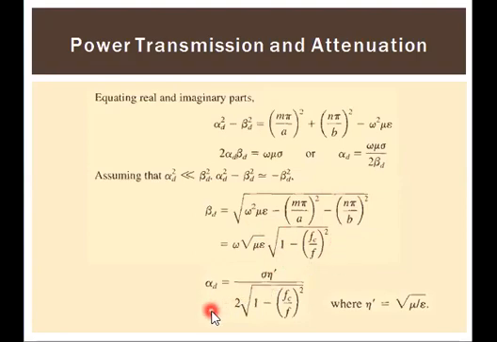And alpha d, the attenuation constant for dielectric, is equal to sigma eta prime by 2 root over 1 minus fc by f whole square, where eta prime equal to root over mu by epsilon.